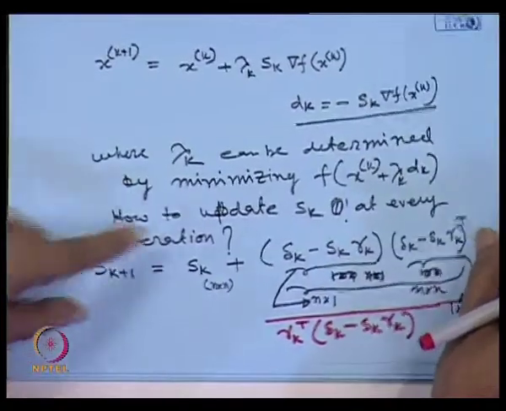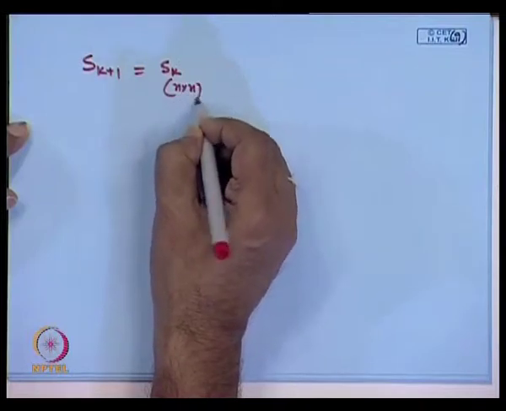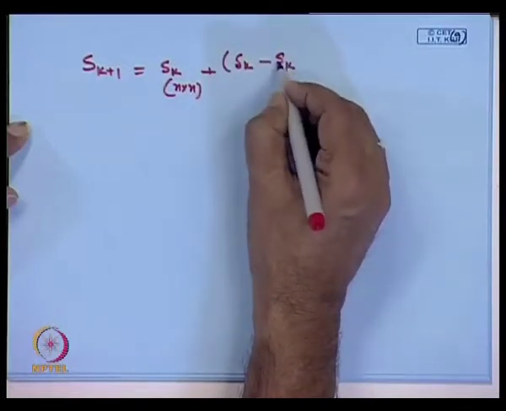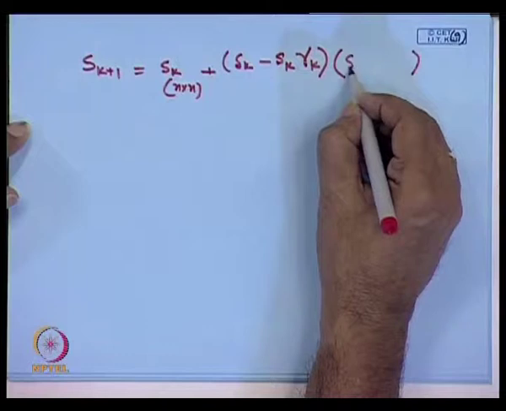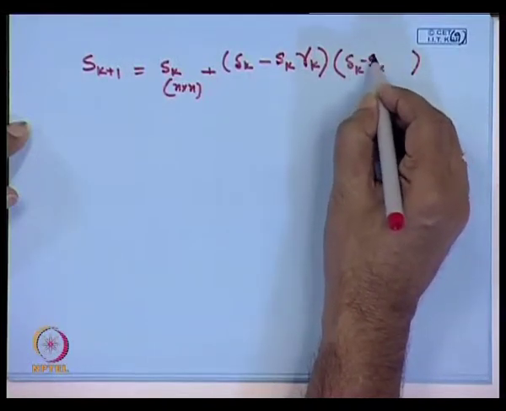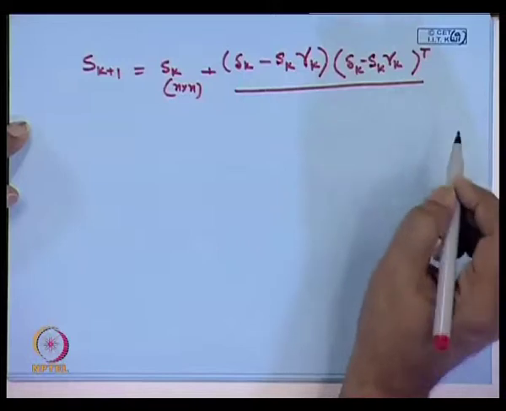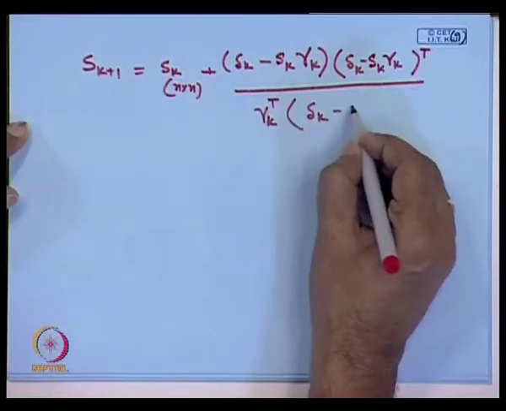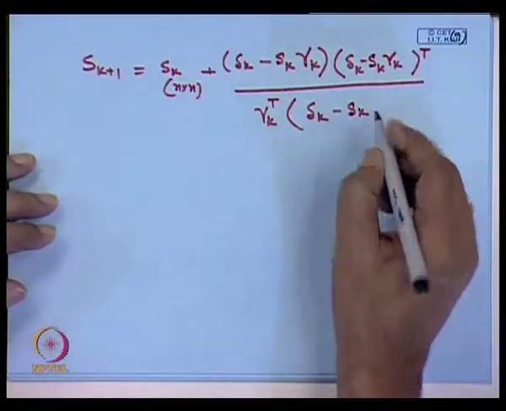I repeat once again what we have written clearly: x k plus 1 is equal to x k, whose dimension is n cross 1, plus delta k minus x k s k gamma k multiplied by the transpose of delta k minus x k s k gamma k, whole transpose, divided by gamma k transpose into delta k minus x k s k gamma k.